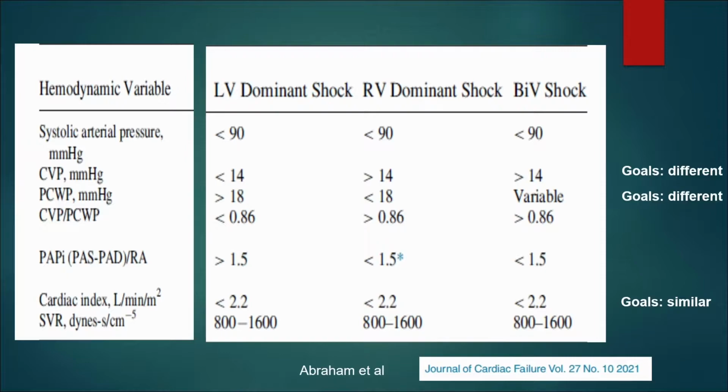It can be acute myocardial infarction with left ventricular failure, high wedge, and normal right atrial pressure. They both have decreased cardiac index. So the goals probably should be similar in terms of cardiac index, but they should be different in terms of central venous pressure. They probably should be different in terms of wedge pressure. And yes, we need prospective studies, like Nir was saying in the comments to the prior talk.